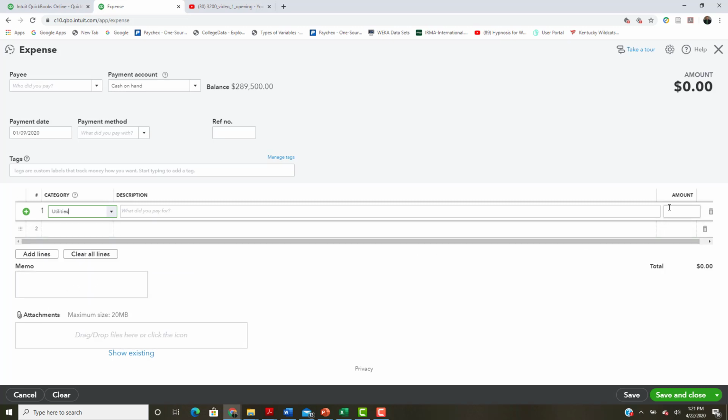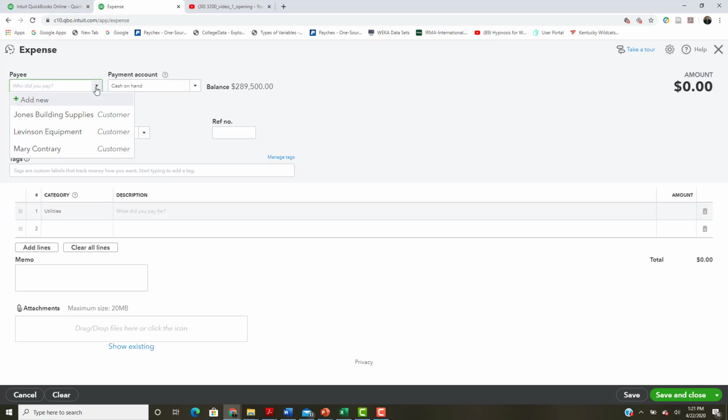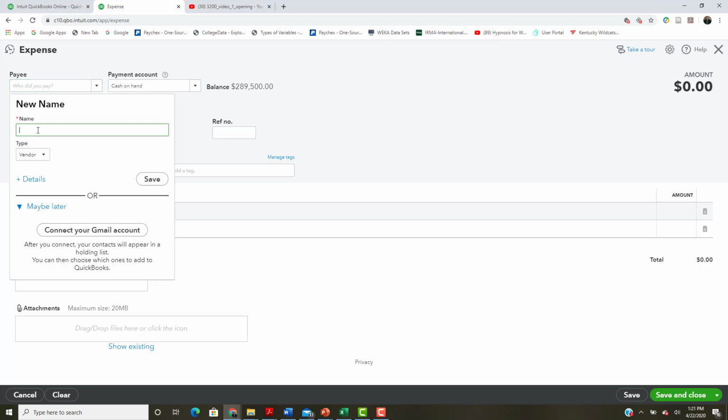All right, and the amount of utilities that I'm paying. But look up here on the top, because I want you to notice that this is coming out of the cash on hand. And who did you pay? Well, we don't have the payees set up, but you probably would want to set it up. I didn't set them up, but you should probably set them up by add new, and then the new name would be utility company or whatever, Georgia Power or whatever.